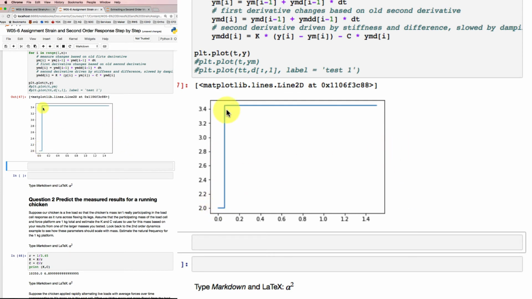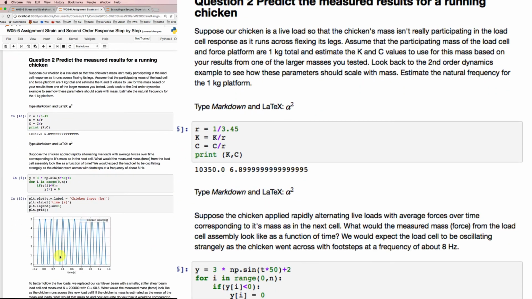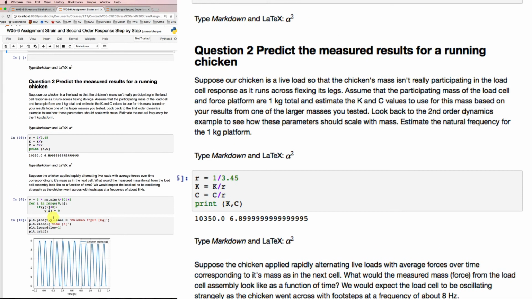It was going from 2 up to 3.45, and it was doing it as a step function. Now that's the simplest one we could have if we suddenly increase the mass. But with this chicken running across, what we've got is a forcing function. This load that's applied to the load cell goes from 0 up to about 5, down to about 0, up and down and up and down and up and down and so on. So we need to somehow come up with a function for that.